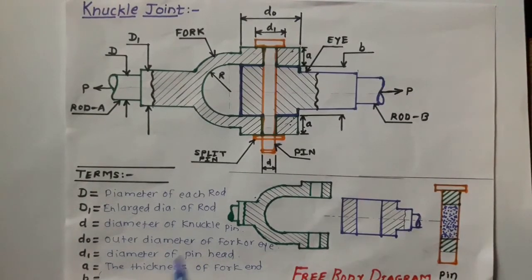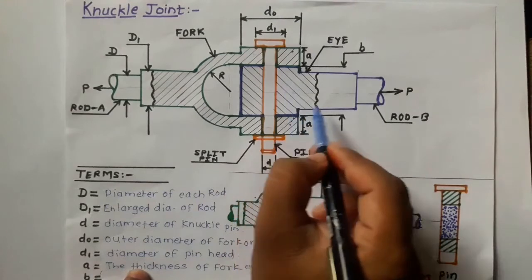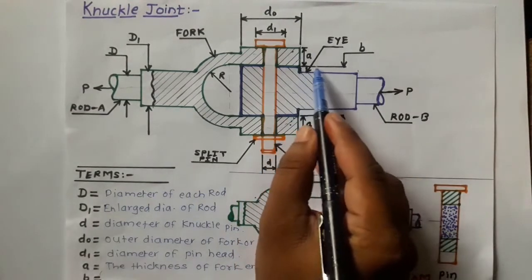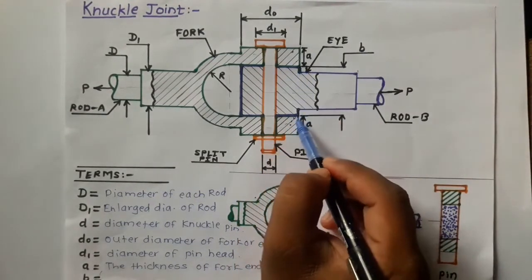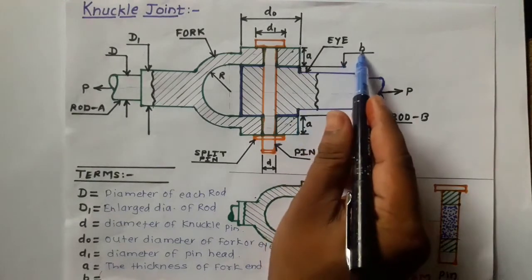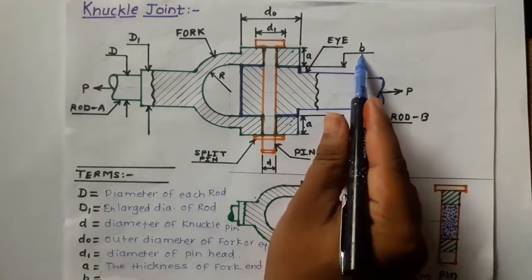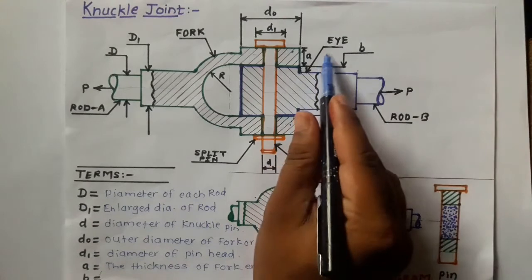And the last term from these geometrical parameters is small b. Small b is the thickness of this eye end. Small b is the distance from this point to this point, and the small b shown here is the thickness of this eye end.